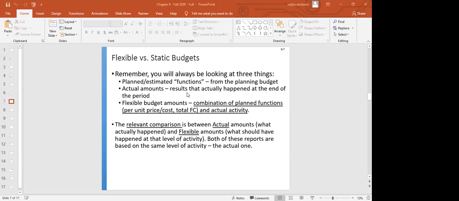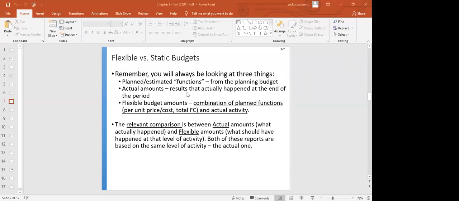I need the flexible budget because you're given some planning budget things, and you're given actual results for different items or the whole income statement. So what do you do with this now? Well, you just remind yourself, I need the flexible budget. Boom, flexible budget. Okay.